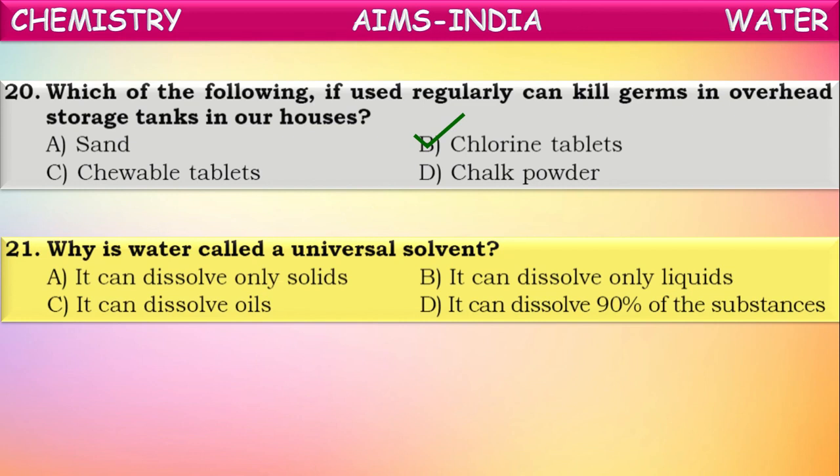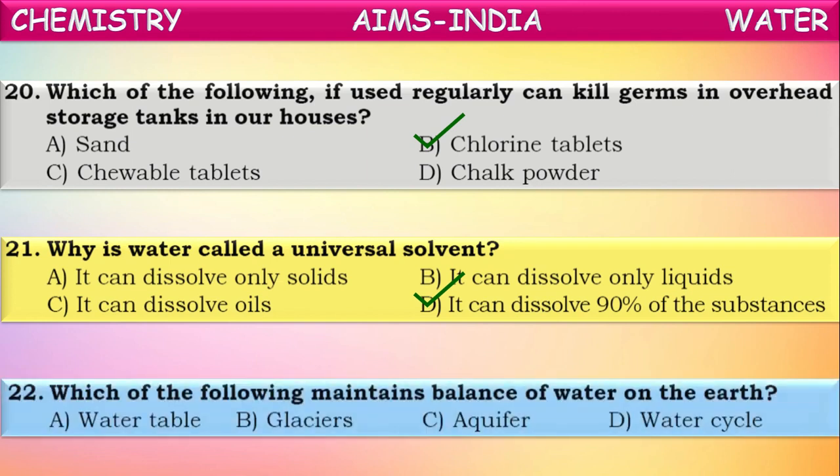But many of the substances dissolve into water. That is why water is called universal solvent. See the given options here, this one is suitable for this answer. Water can dissolve 90% of the substances. Around 90% of the substances available will dissolve into water to some extent. That's why water is called universal solvent.